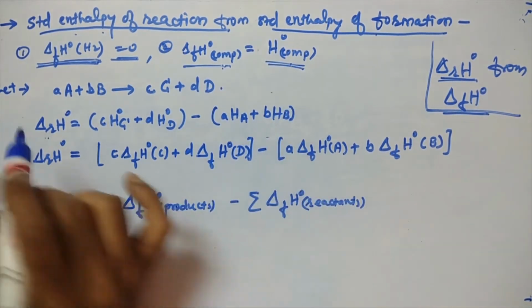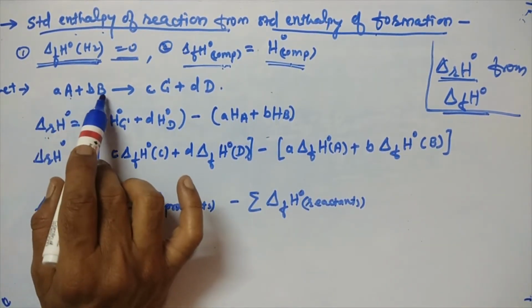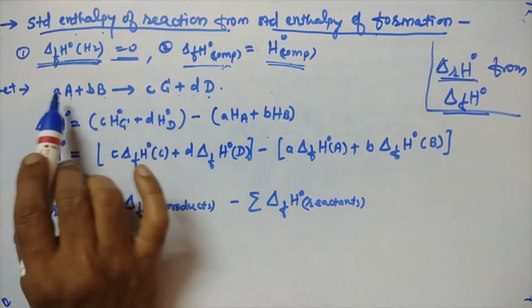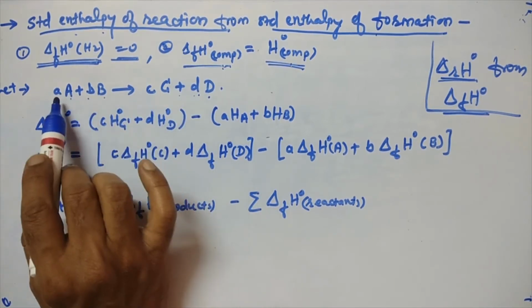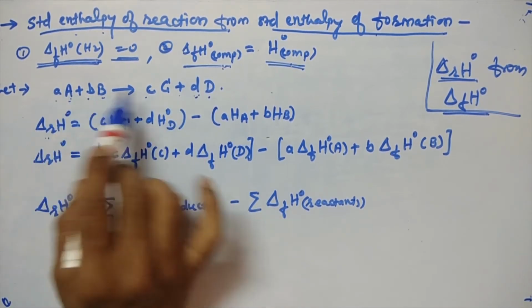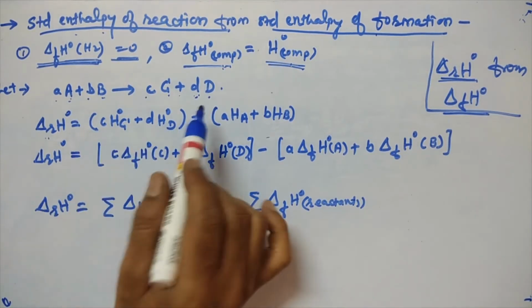Let us consider a reaction: a A plus b B gives c C plus d D. Small letters are the coefficients, the number of moles, and the capital letters are the actual reactants and products.